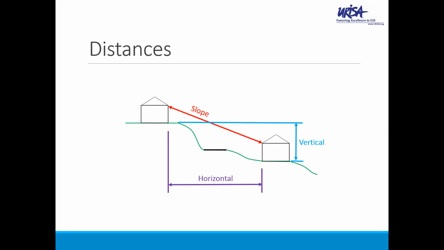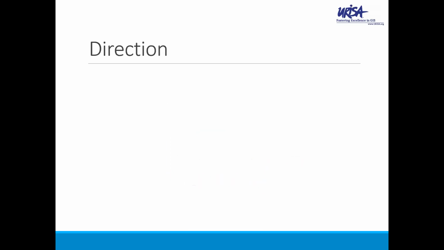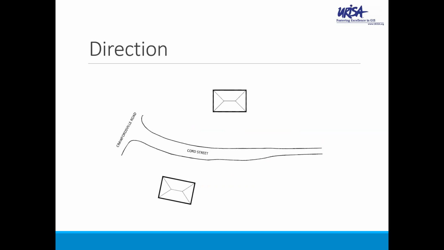So we can see that just simply talking about distances is really not meaningful until we start looking at these more complex relationships. So maybe in its simplest form, direction is simply an orientation to north.